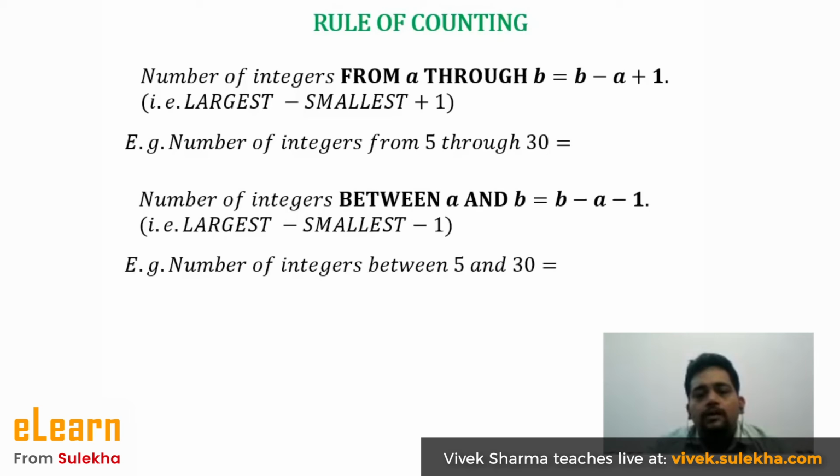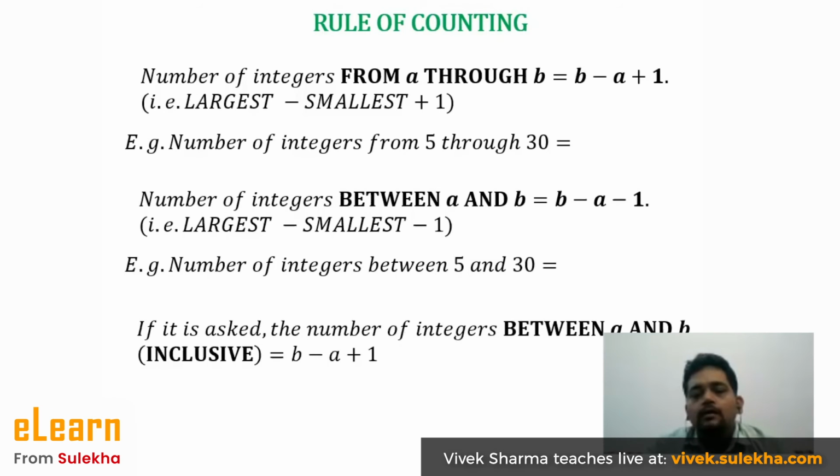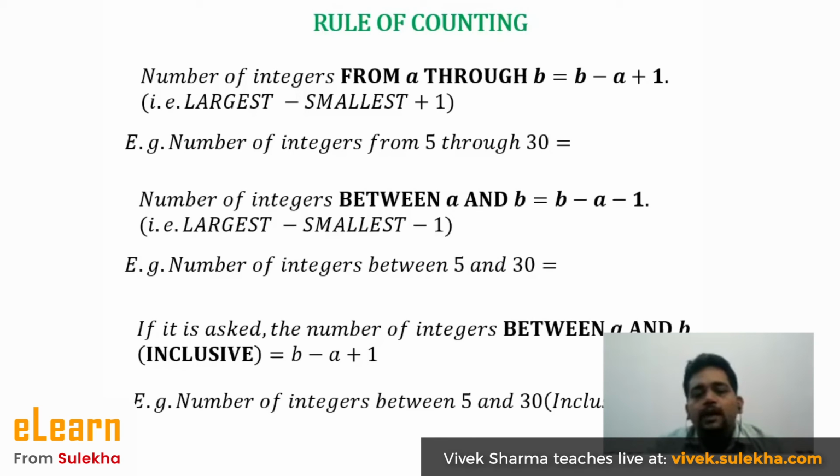So the number of integers between 5 and 30 will be 30 minus 5 minus 1, because you are excluding 5 and 30, which is 24. If it is asked from and through, or between A and B inclusive, you do B minus A plus 1, because you include the extreme values. And whenever it is only between, you have to exclude the extreme values.